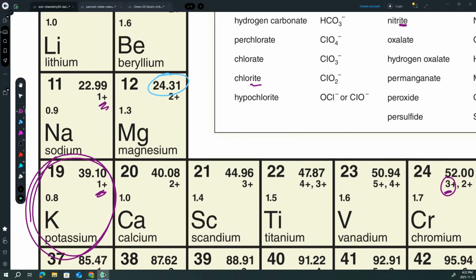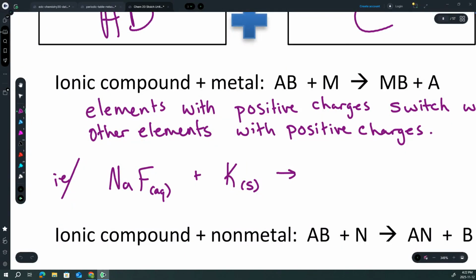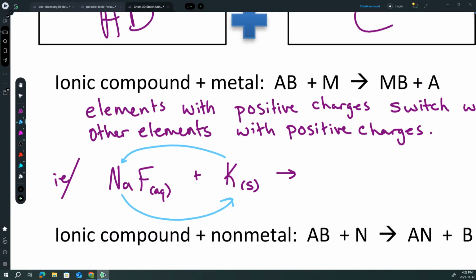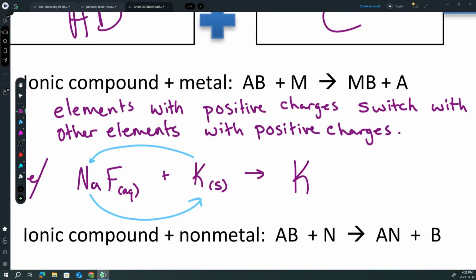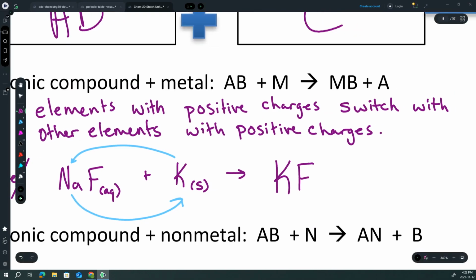Sodium also likes to form ions with positive charges. So positive switches with positive. In other words, potassium and sodium are going to switch spots. So we're going to get potassium fluoride plus sodium.